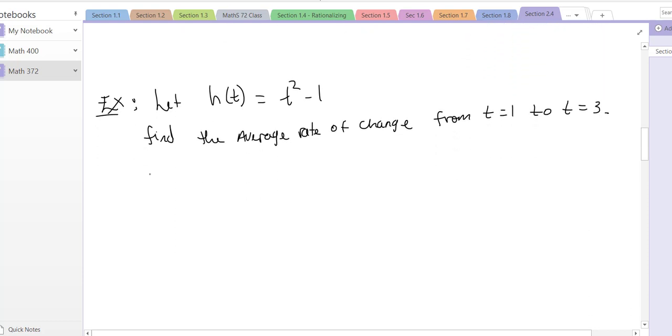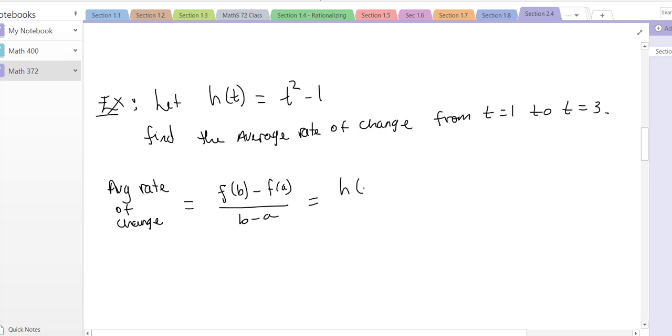So based on the above, we know that the average rate of change is going to be f of b minus f of a over b minus a. So my function here is called h, so I'm going to say h of b minus h of a, but still over b minus a.